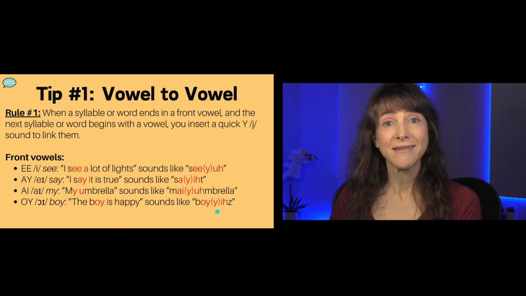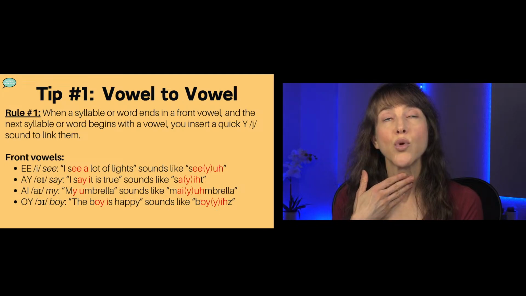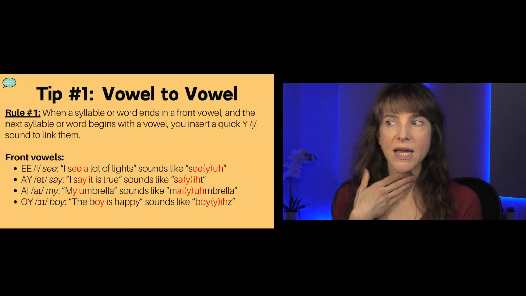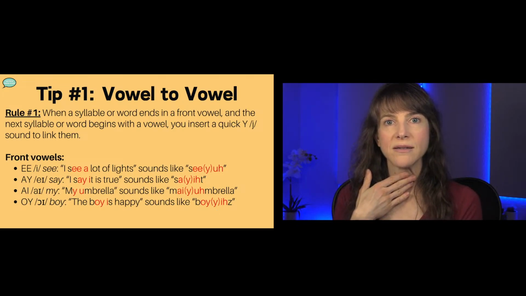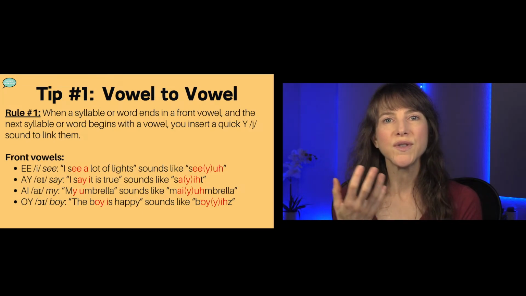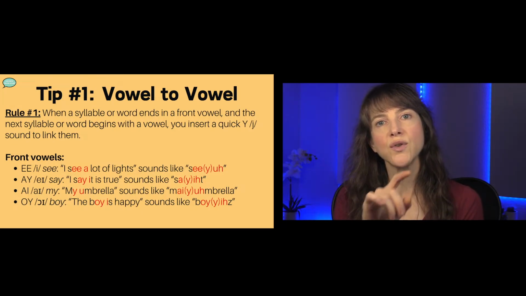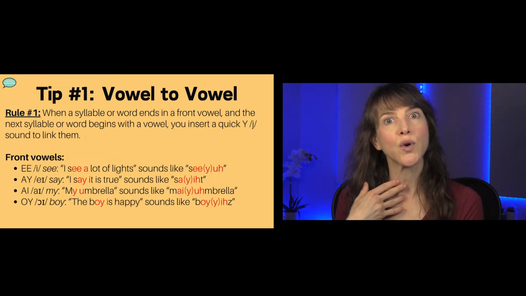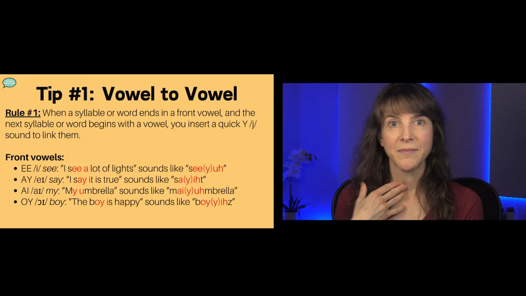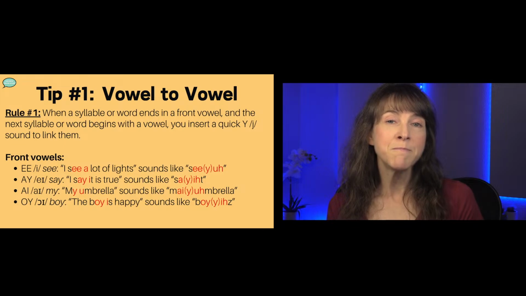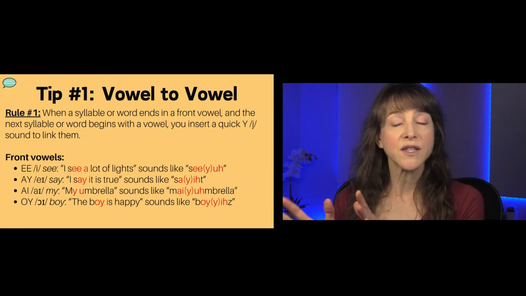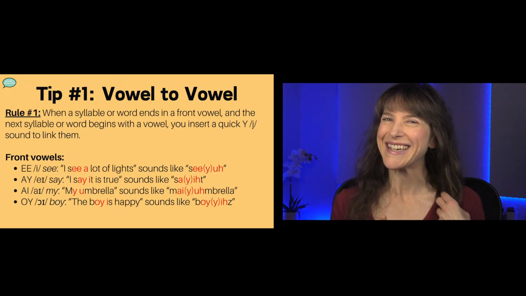Boy is sounds just like that. Boy is, boy is. You use that y sound to link the two vowels together, and you keep your vocal cords turned on. So that's rule number one, vowel-to-vowel linking, and we'll do rule number two in a second.